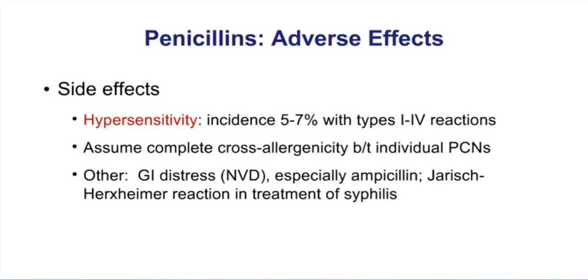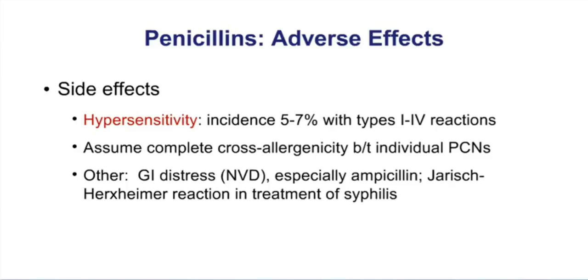The incidence of hypersensitivity is around 5 to 7%, but certainly this is a side effect that you're expected to deal with on your exam. You want to assume complete cross-allergenicity between individual penicillins. So once the chart reads allergic to penicillin, pretty much you're going to avoid this group of drugs.